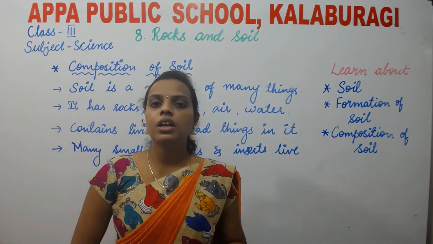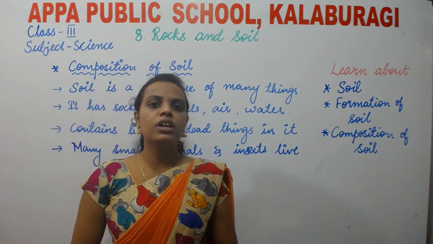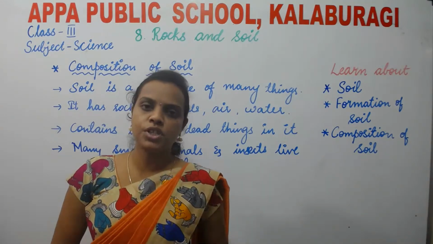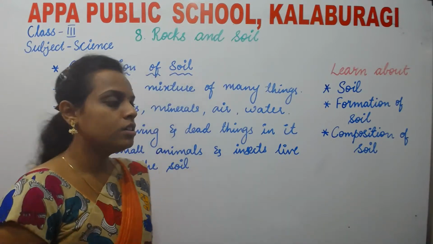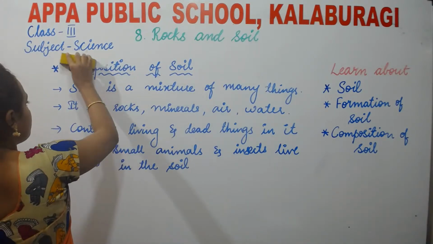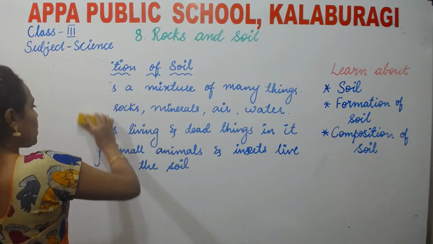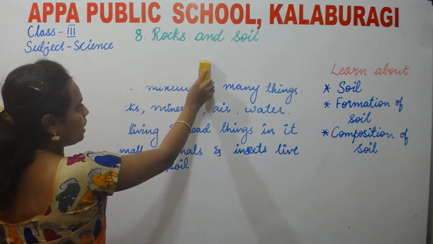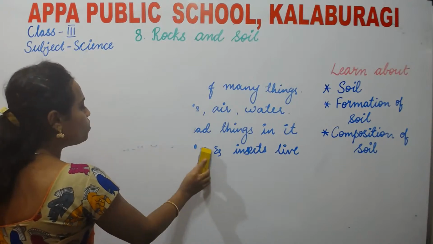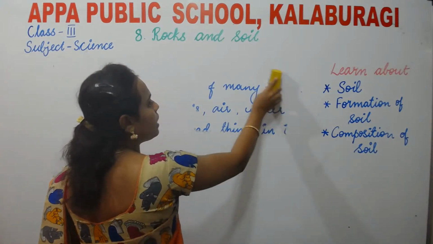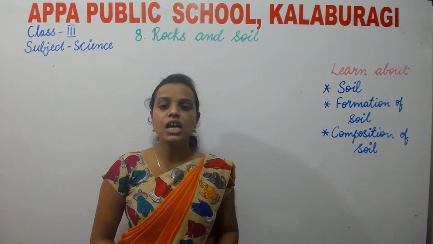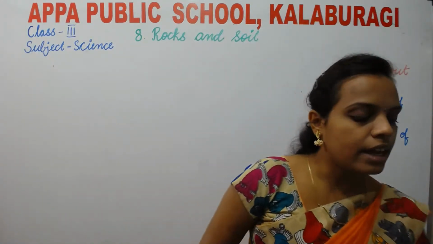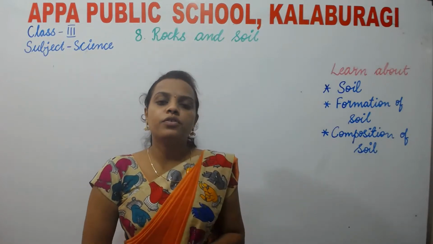So children, in today's class, what have we learned? Let us recapitulate. We learned the definition of soil. Soil is a loose material that lies on top of the land.